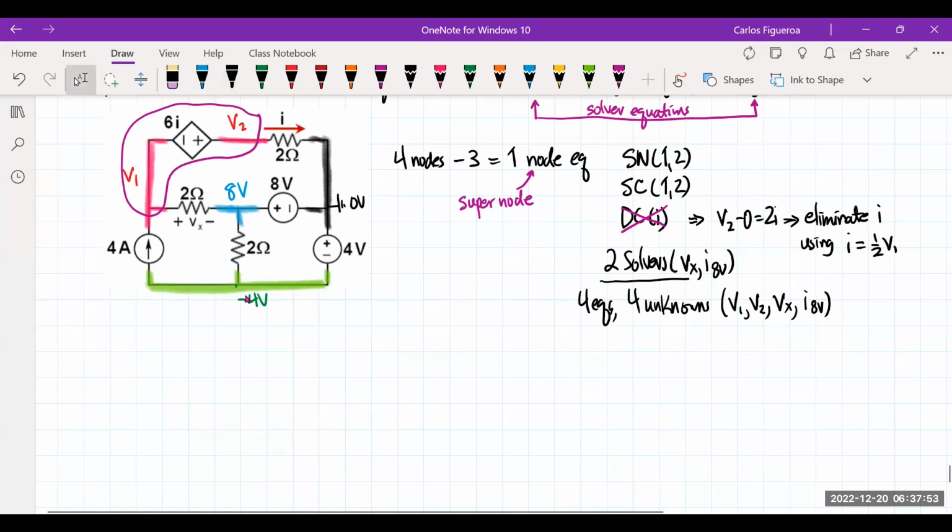So here we go. My first equation is going to be my supernode between 1 and 2. If I look at node 1, I only have 1 resistor. So this is going to be 1/2 V1 minus 1/2 8. And that's my first node.